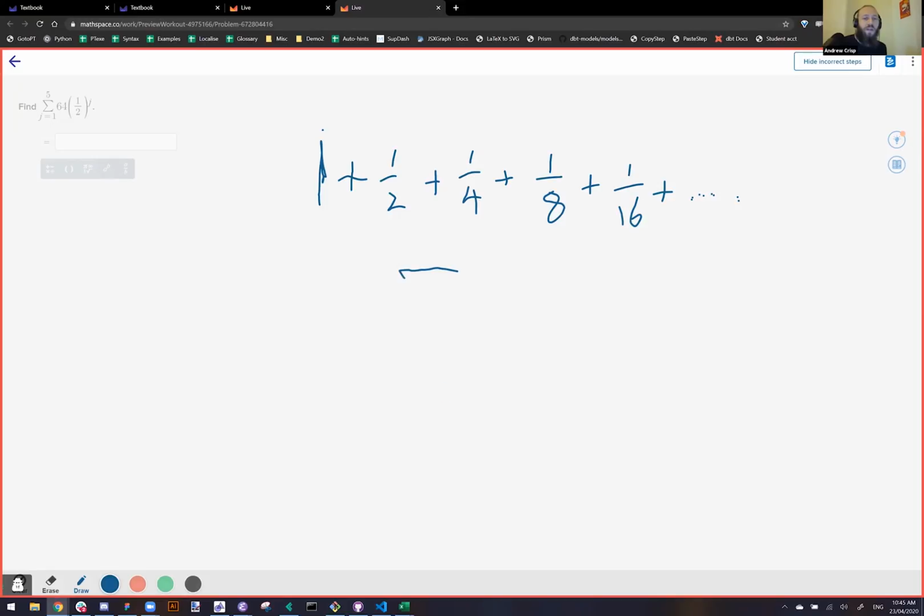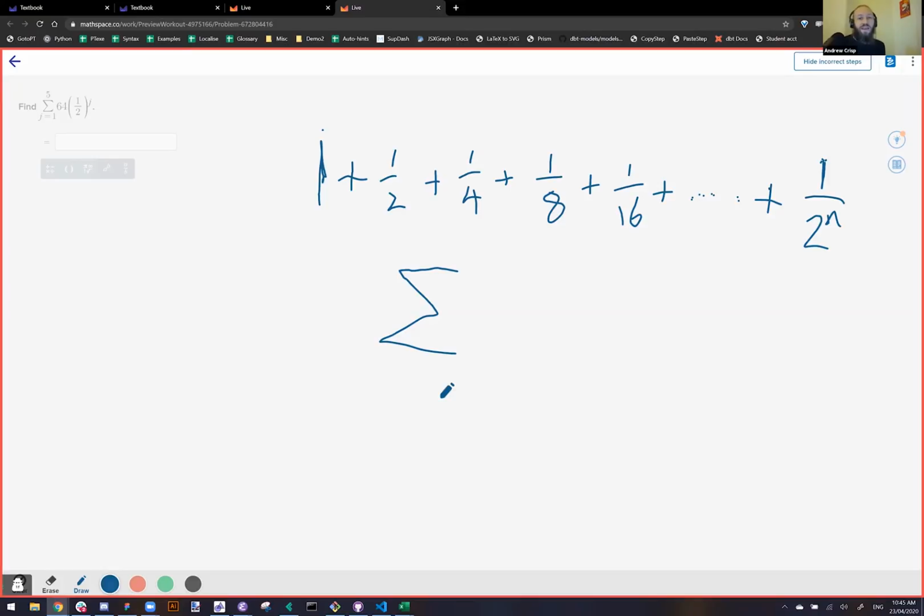So if I want to write this in sigma notation, before I go anywhere, remember that sigma always has a minimum and a maximum. So we need to figure out what we're going to sum up to. The one thing we can observe about this particular series is that it's 1 over a power of 2. So I'm going to write that as 1 over 2 to the power n.